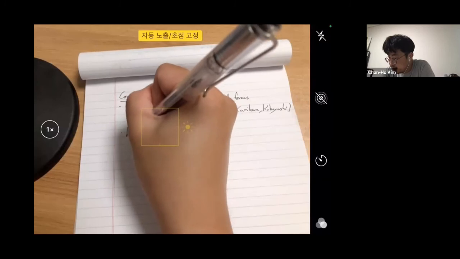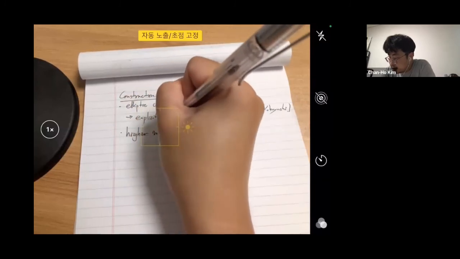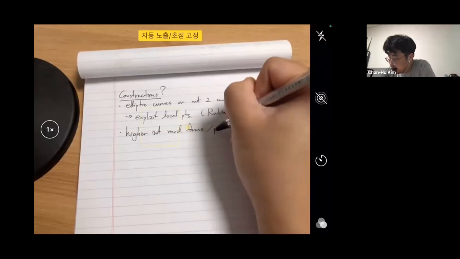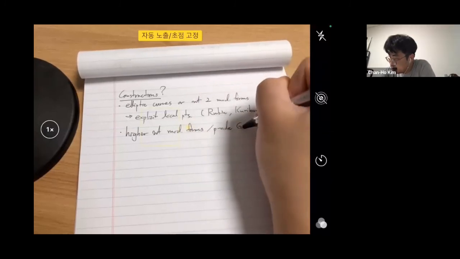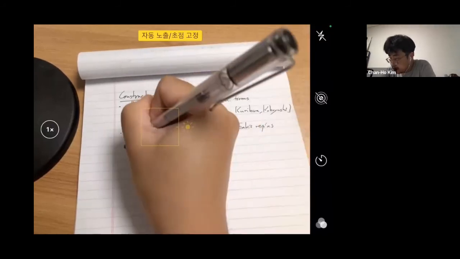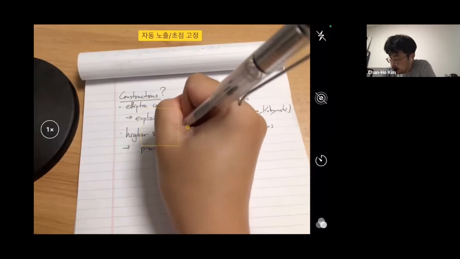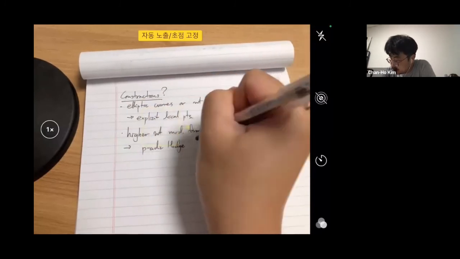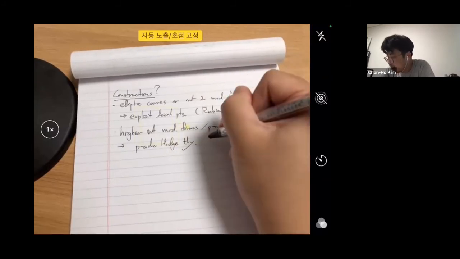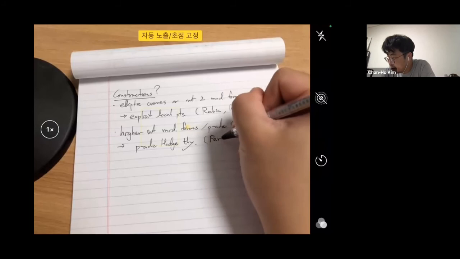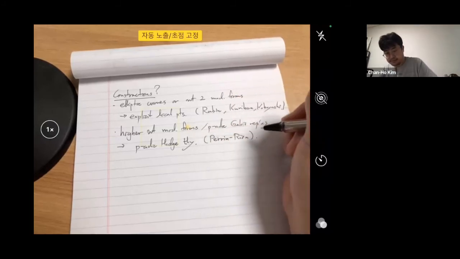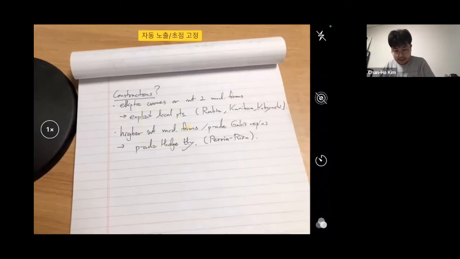So higher weight modular forms or just general p-adic representations, then we need to use p-adic Hodge theory, so-called Perrin-Riou's local Iwasawa theory. These are the things.